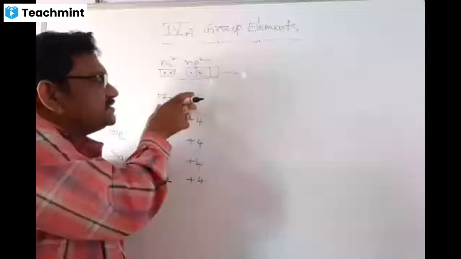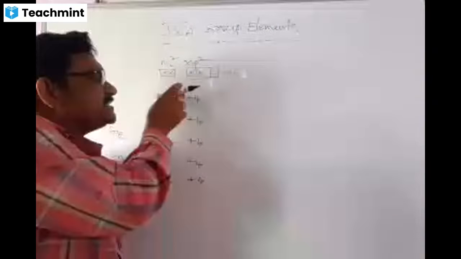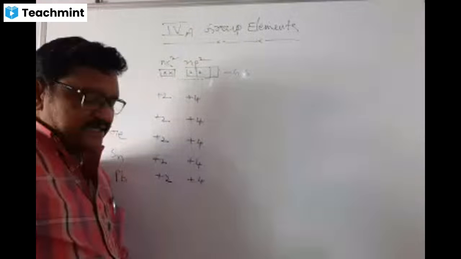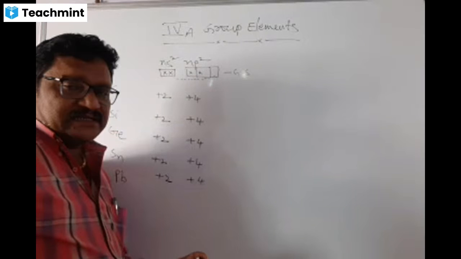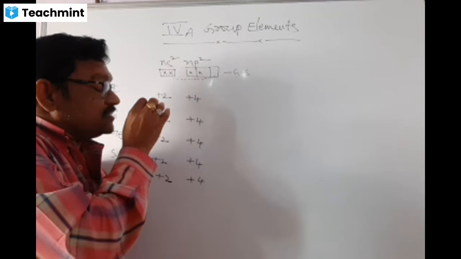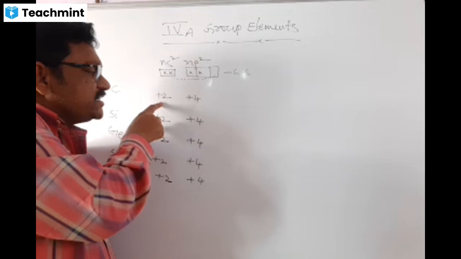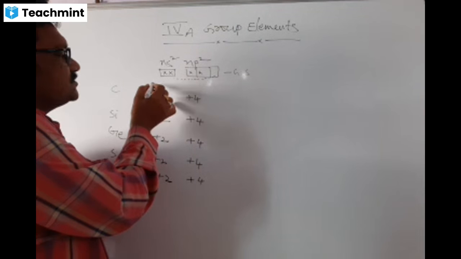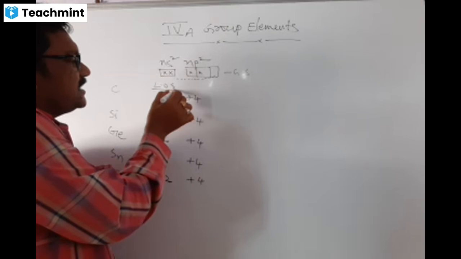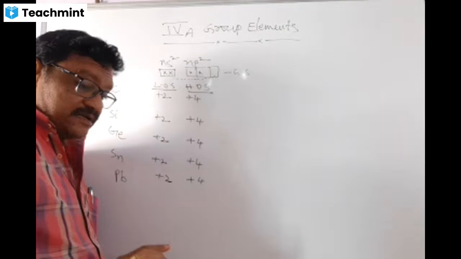So the common oxidation states of fourth A group are plus 2 and plus 4. The lower oxidation state is plus 2, and the higher oxidation state is plus 4.